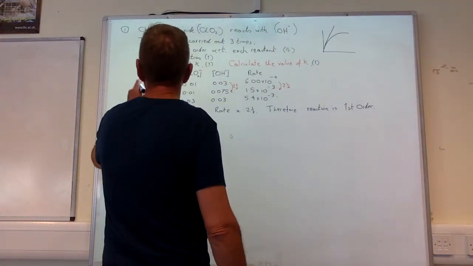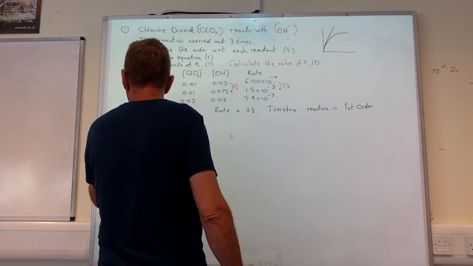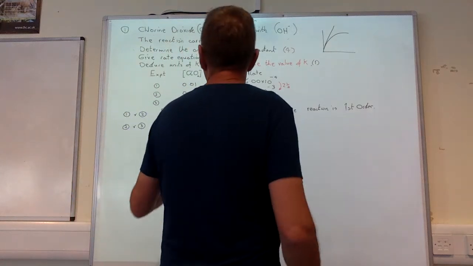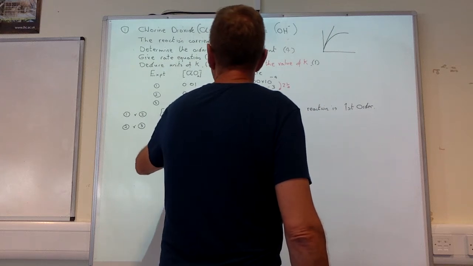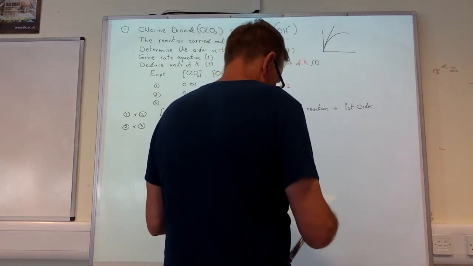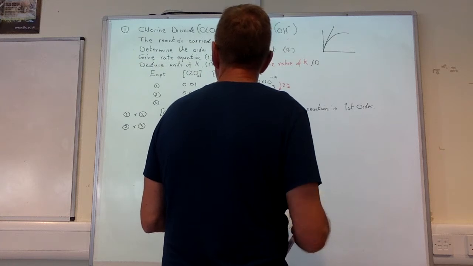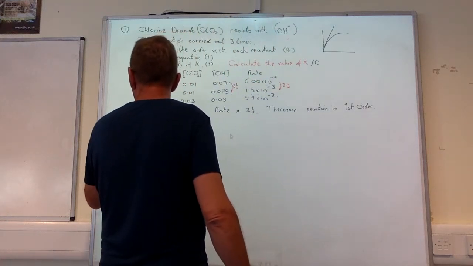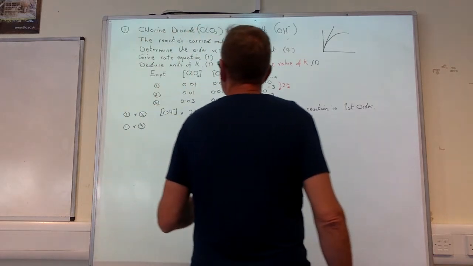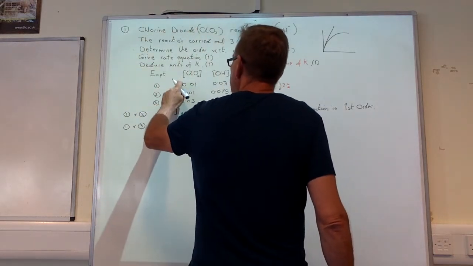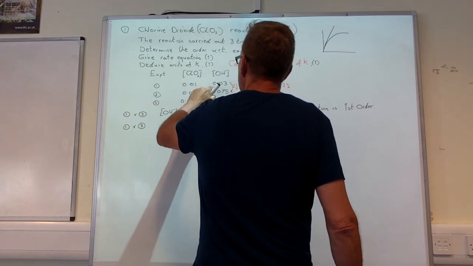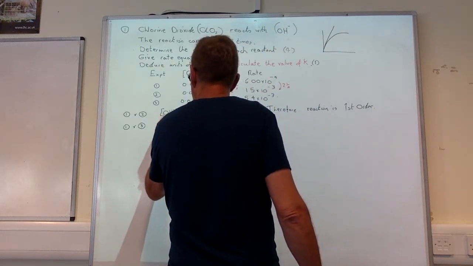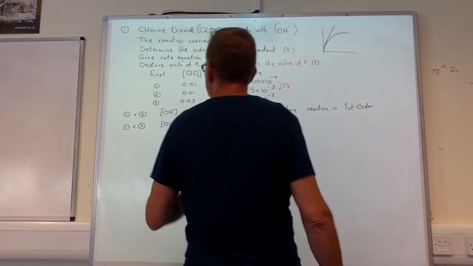Look at the next one, 2 and 3. Okay? So, 1 and 3, you idiot. 1 and 3. So 1 and 3, your hydroxide concentration is constant.